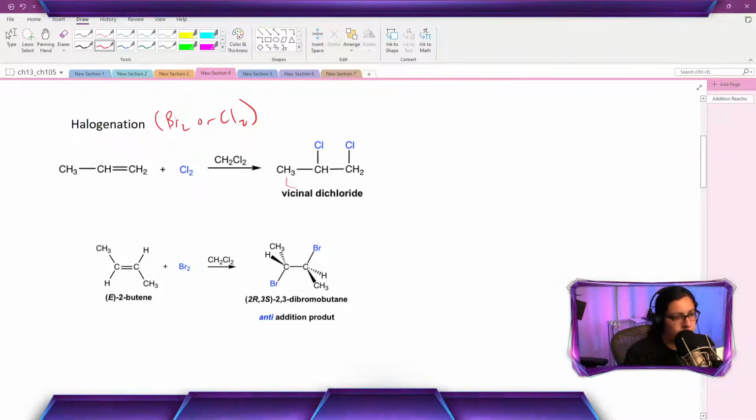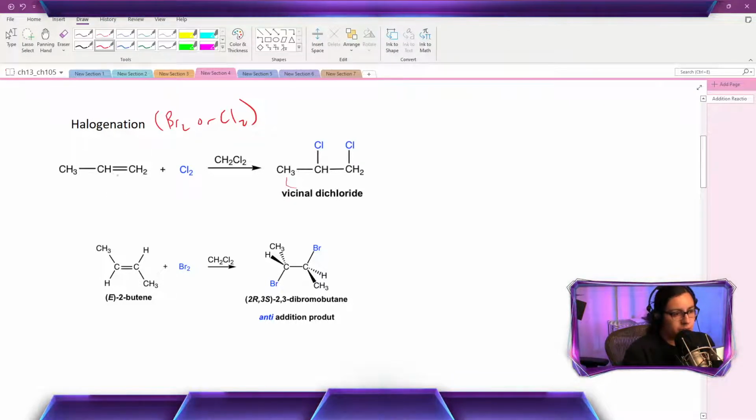And one of those tests is to add bromine to it. So bromine is this really dark red liquid. It's kind of a fuming, angry liquid. But if you add it to something and it disappears, that indicates the presence of a double bond. So let's look at this halogenation.